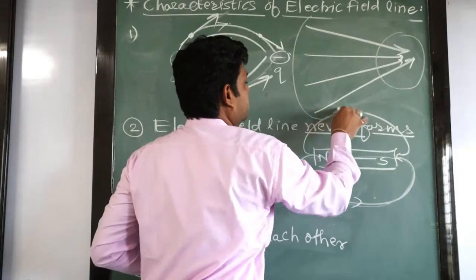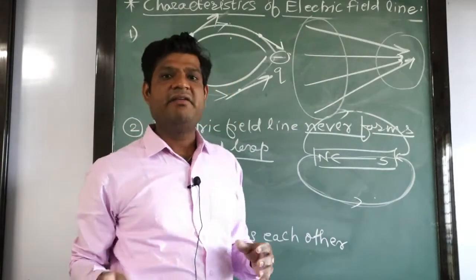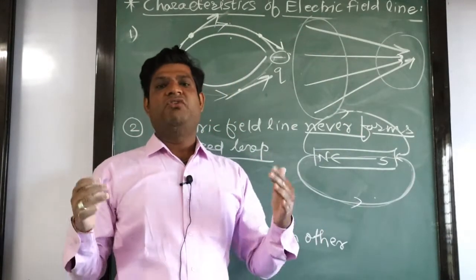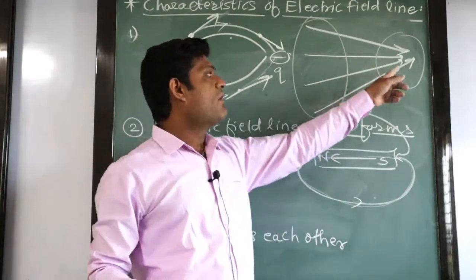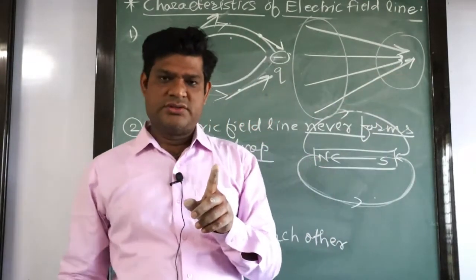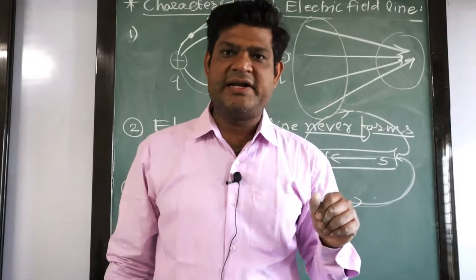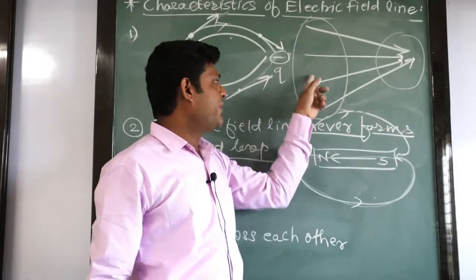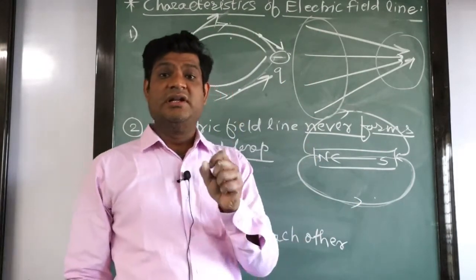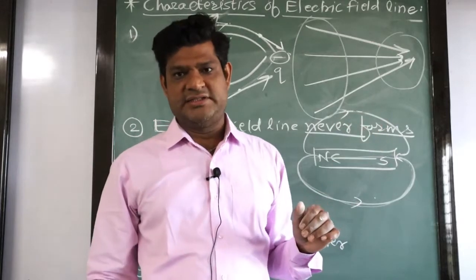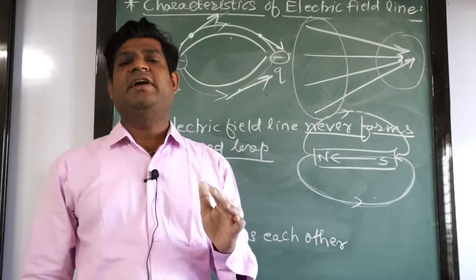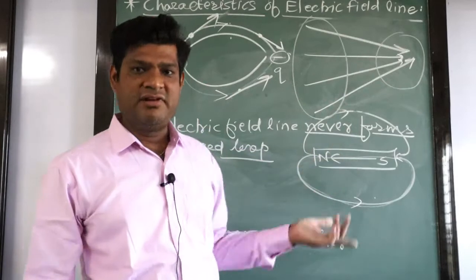And over here, the electric field lines are separated. So we conclude that crowded electric field lines show more intensity of the electric field, and separated electric field lines show less intensity. So these are the five characteristics of electric field lines.